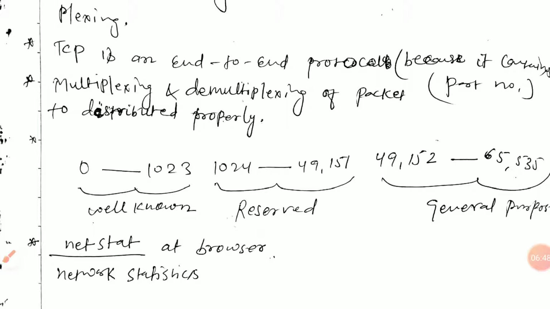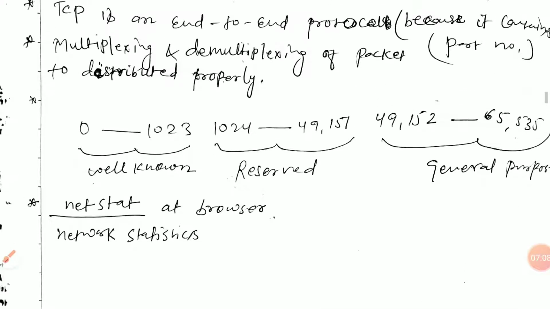Similarly in computer networks, for well-known services the port number is fixed. So 0 to 1023 is the range of port numbers called well-known port numbers.